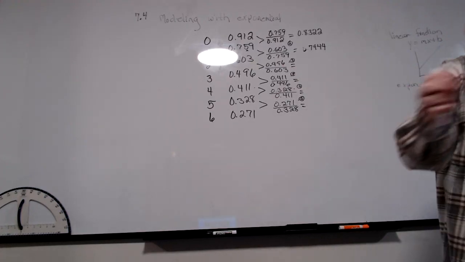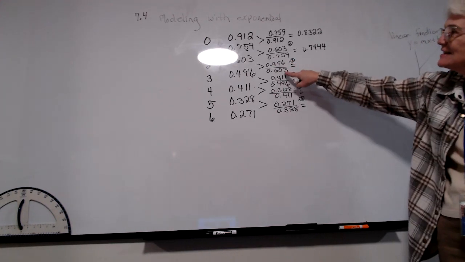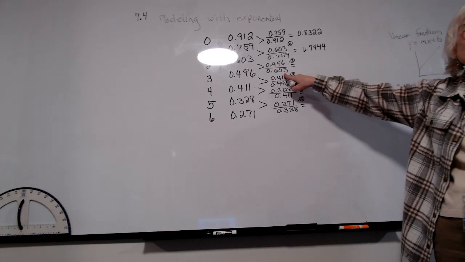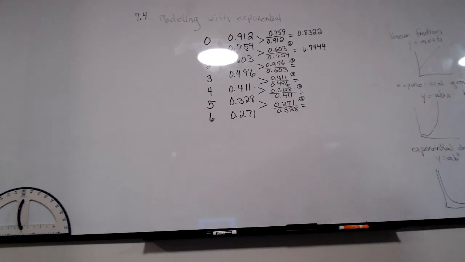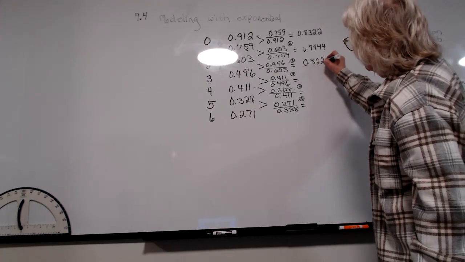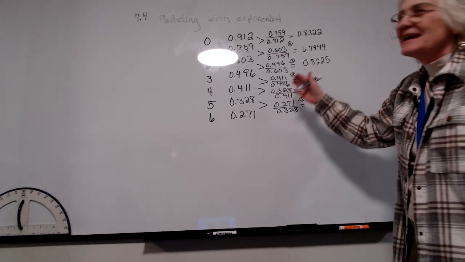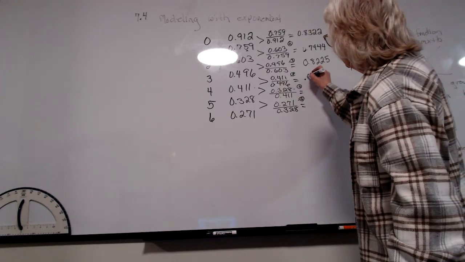You're doing it backwards. 0.496 divided by 0.603. 0.8225, 0.822553897. Med did it better. Okay, number 4: 0.8286.